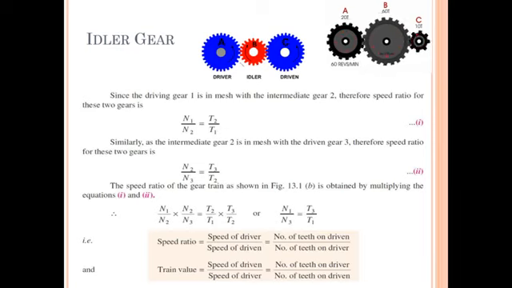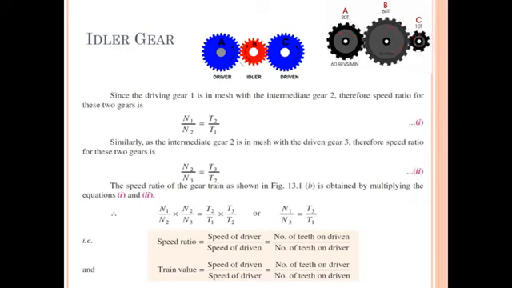Gear A and gear C are the input and output gears. In between them I have used an odd number of gears, suppose only one gear. The driver gear will rotate, suppose, anti-clockwise, therefore the idler gear will rotate in the opposite direction, that is clockwise. Gear C is in mesh with B, therefore gear C will rotate in the direction opposite to the idler gear, that is again anti-clockwise.